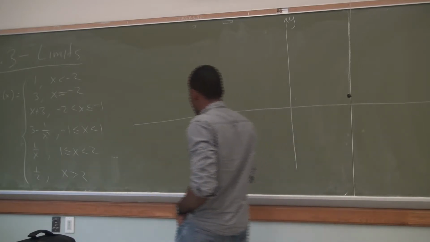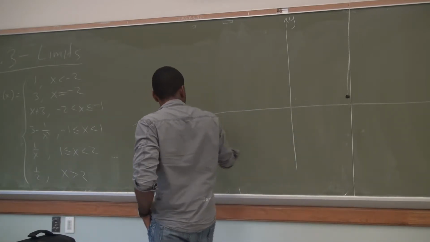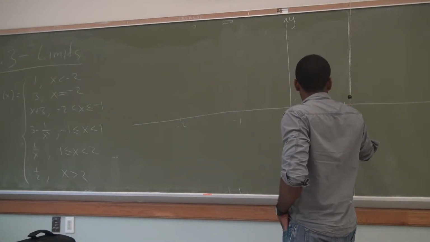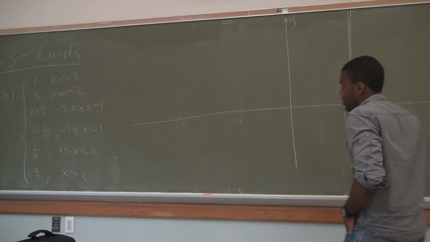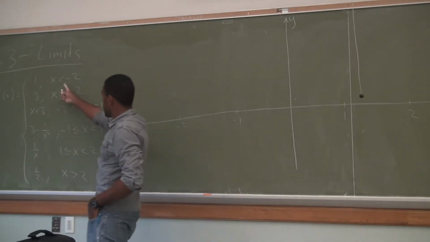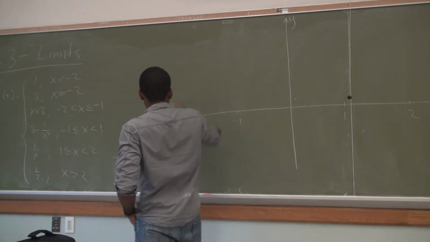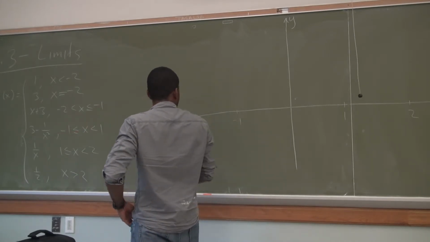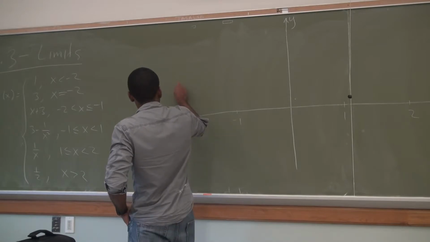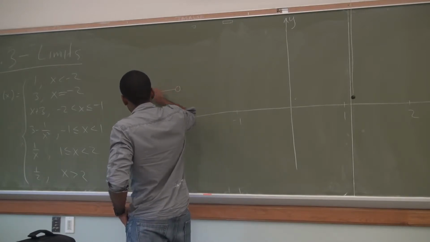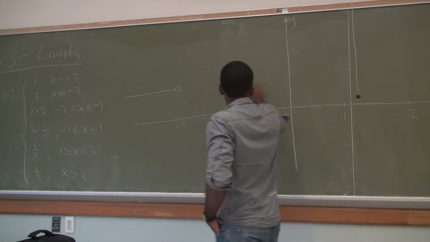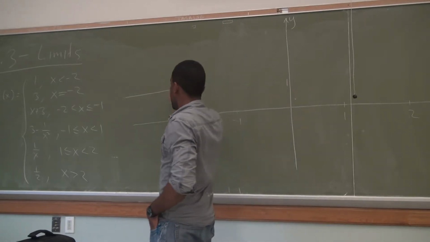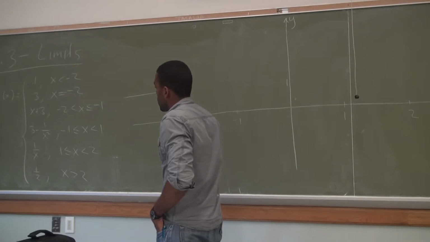Notice the x values that we're talking about are -2, -1, 1, 2. We describe a region less than -2, so we look at everything less than -2 going back. And what is our function? Function 1, which is just a horizontal line, which we make 1 here. Strictly less than, so I leave an open circle.